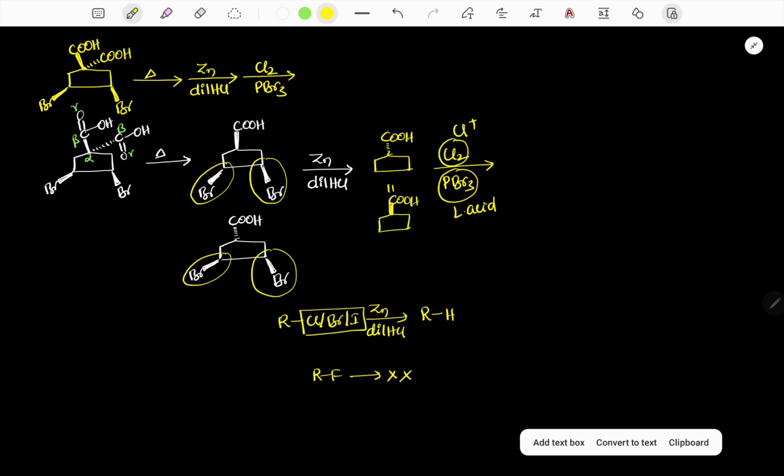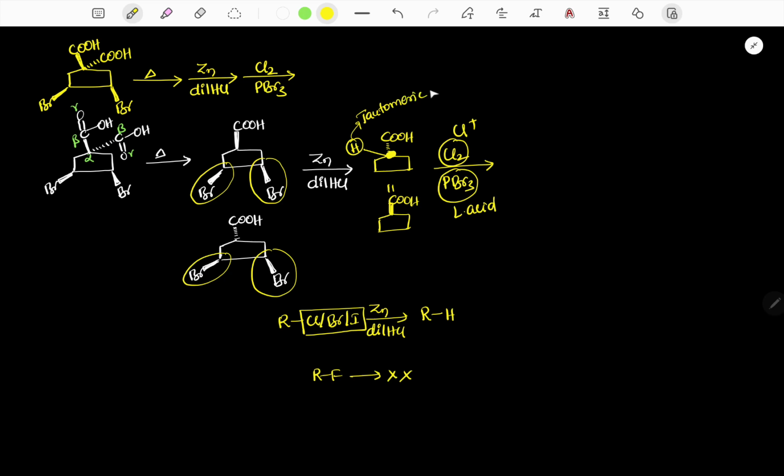With respect to COOH, this is an alpha carbon and here one proton is present. So this proton is a tautomeric proton, or enolizable proton. Therefore, in the presence of Lewis acid, the electrophile Br+ undergoes electrophilic substitution.